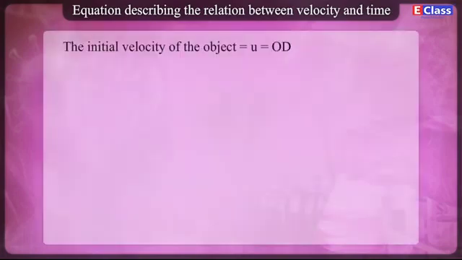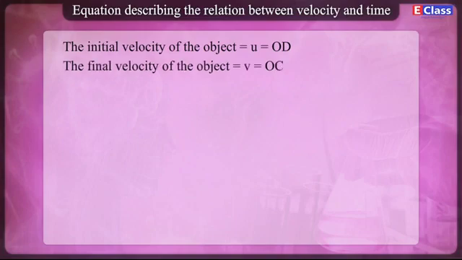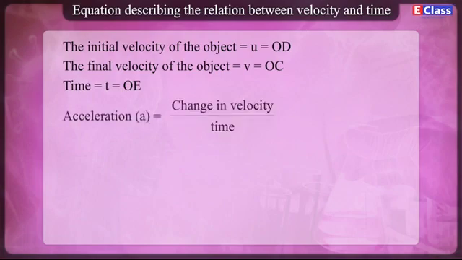The initial velocity of the object is equal to u, which is equal to OD. The final velocity of the object is equal to v, which is equal to OC. Time is equal to t, which is equal to OE.